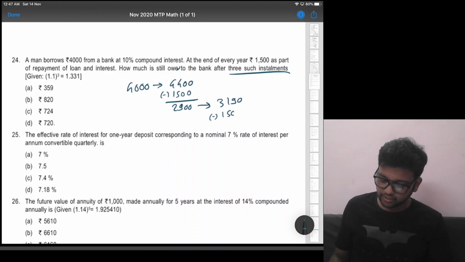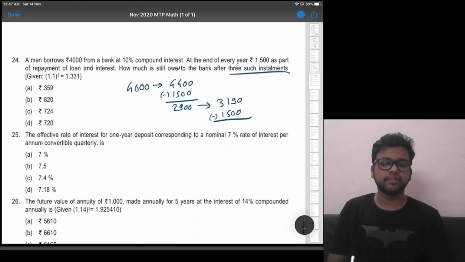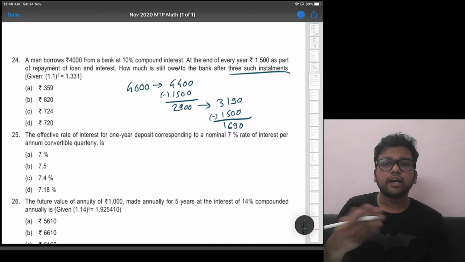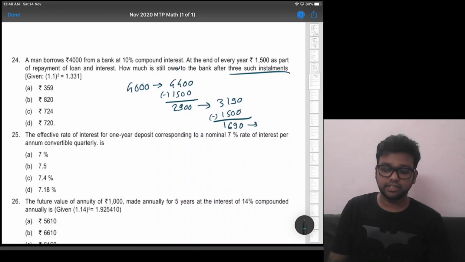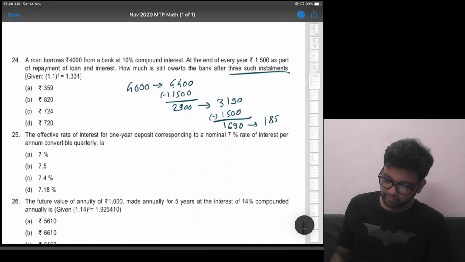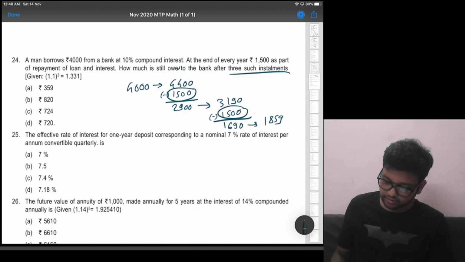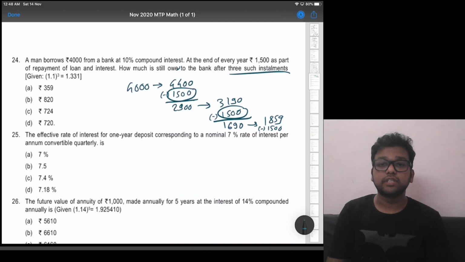Again let's deduct 1,500, minus 1,500, that gives us 1,690. Again let's add 10%, so plus 10%, that gives us 1,859. And third installment, last, see this was first, second, last installment, if we deduct minus 1,500, how much still remains? 359 rupees. Option A is the correct answer.